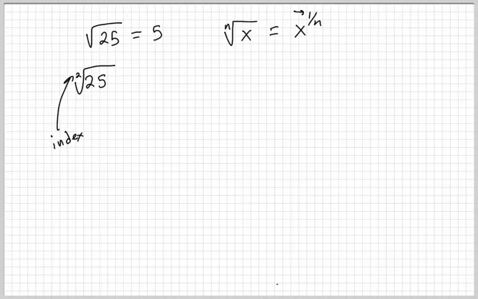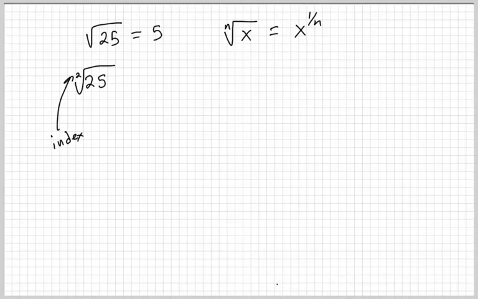The 1 here comes from the 1 from the base. So you have some type of radical form, and then some type of rational exponent form, and you can go one way or the other.